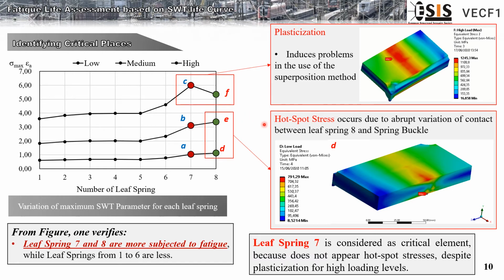So after analyzing the equivalent stress, we verified that the equivalent stress is higher than the yield stress. So the plasticization that occurs induces different behaviors on each leaf spring.